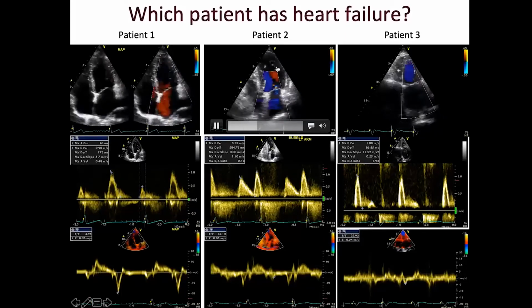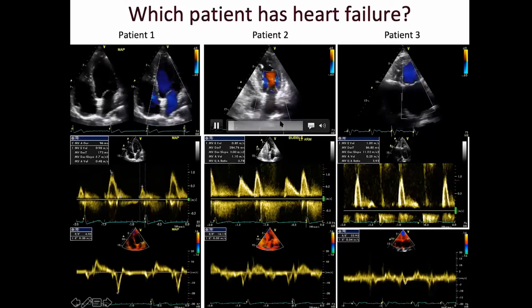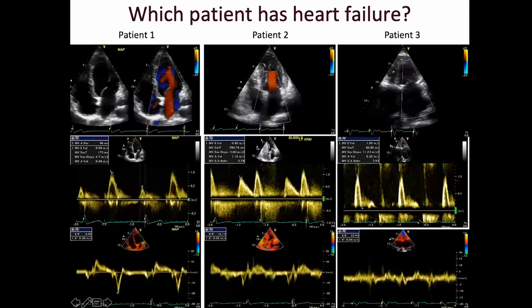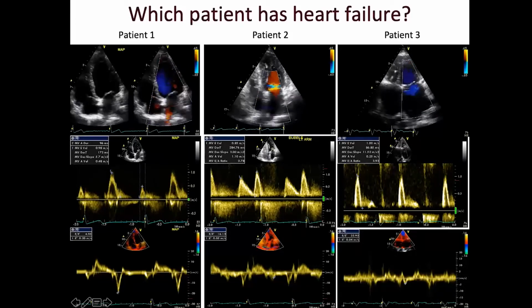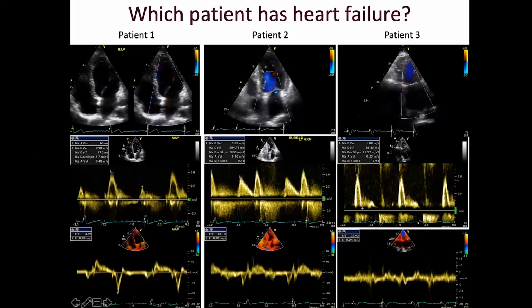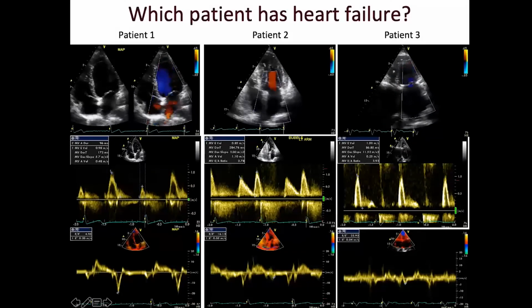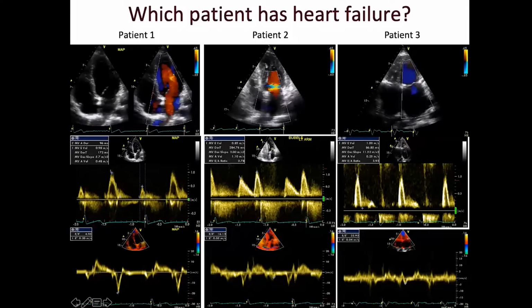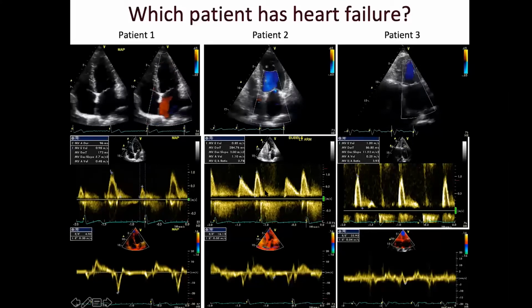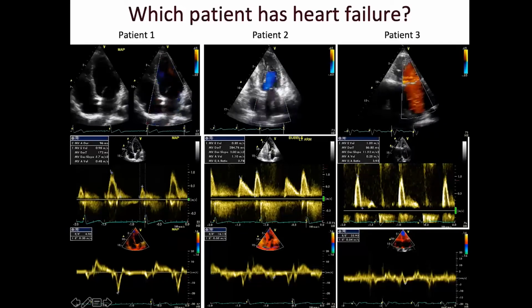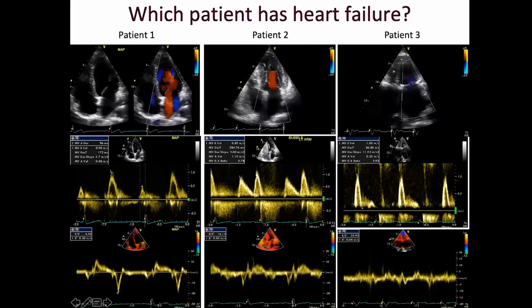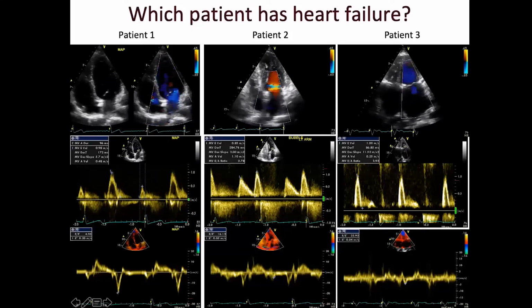Patient two, we said there's left ventricular hypertrophy. We have reversal of the E to A ratio, and we have tissue Doppler that is reduced. Here, the tissue Doppler is only 5 centimeters per second. So here's the E to A ratio that is reversed, and low tissue Doppler.